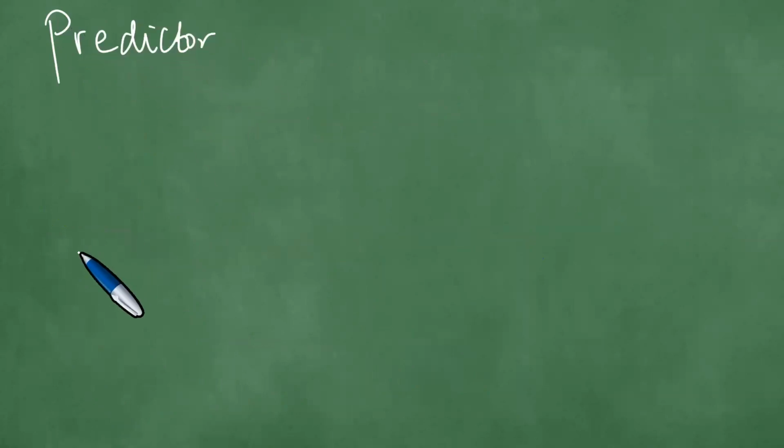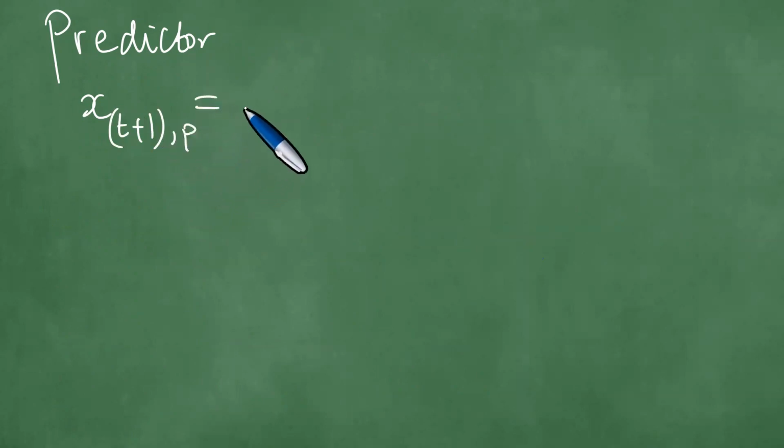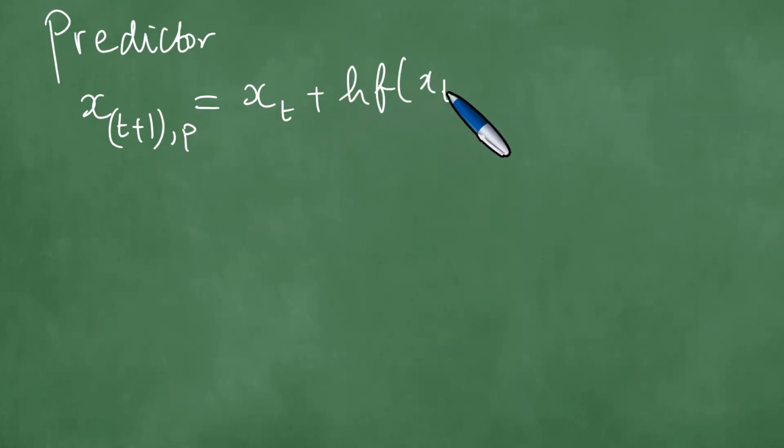Okay, so let's look at the predictor. What is the predictor? I'm going to look at a different version of the predictor this time around. It's the same thing, but the symbols differ. So you can write the predictor like this: x at t plus 1 is xt plus h f of xt, yt, and t.